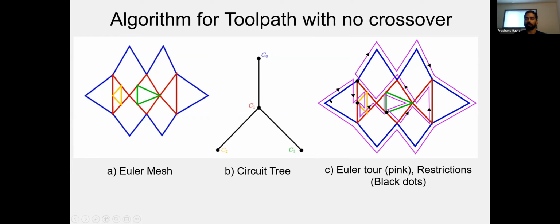Suppose we start from the blue, which is the outer one, then we hit the restriction and switch the circuit to the red. Then again we hit a restriction and switch the circuit to the yellow. And then we keep on traversing like that until the whole Euler mesh is finished. In this way, as you can see, there is no crossover, and we are able to traverse the whole Euler mesh.